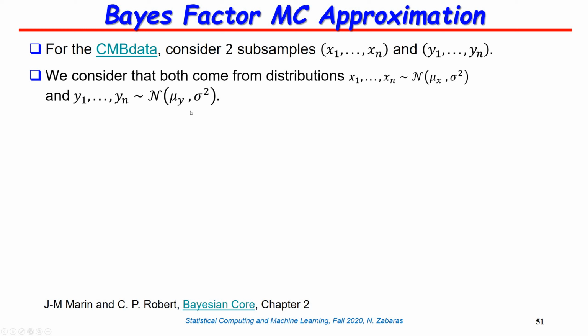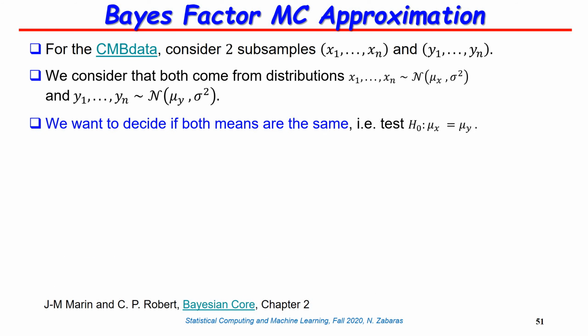Both have the same variance but different means, and we want to check the hypothesis of whether the means of the two distributions are the same or not. I call the hypothesis H0 for the means to be the same, and H1 for the means to be different. Now the variance here, sigma squared, is the same, but it is unknown.